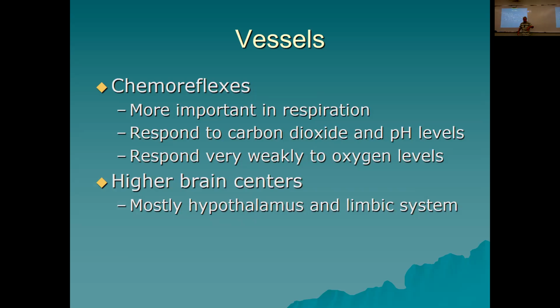Also, what else affects blood pressure is higher brain centers, the hypothalamus and the limbic system in particular, because this controls the autonomic nervous system, which controls blood pressure, and the limbic system is the emotional center where strong emotions, good or bad, can really affect blood pressure.